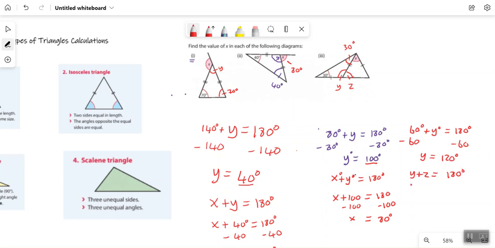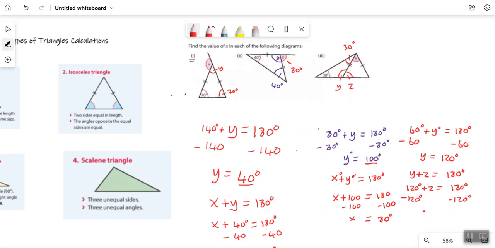So y is equal to 120. So we can say that 120 plus z is equal to 180 degrees. Now what we can do is solve for z. So we can just minus 120 from here and minus 120 from here.